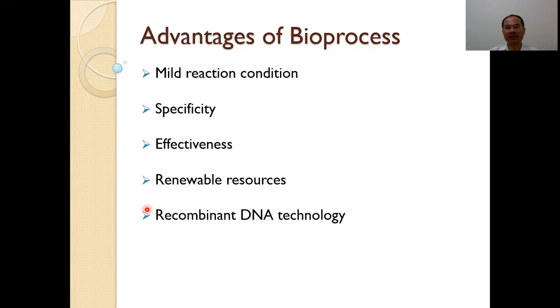If you would like to produce alcohol, you can use cassava, you can use sugar cane. You can produce 2 or 3 crops per year. This is a renewable resource. And with recombinant DNA technology, you can use genetic engineering, which is an advantage of the bioprocess.